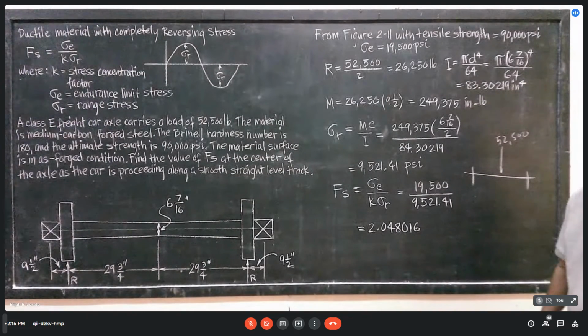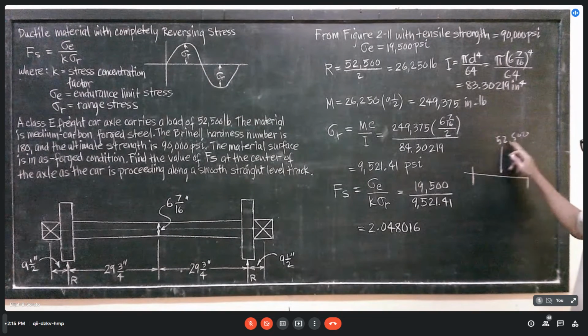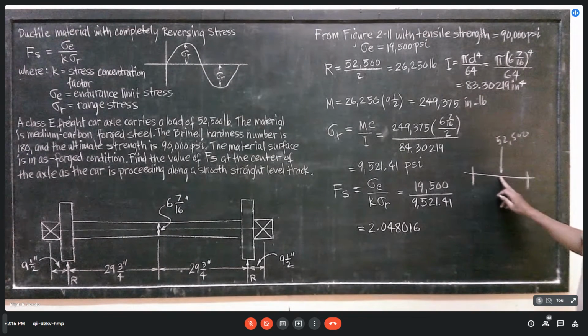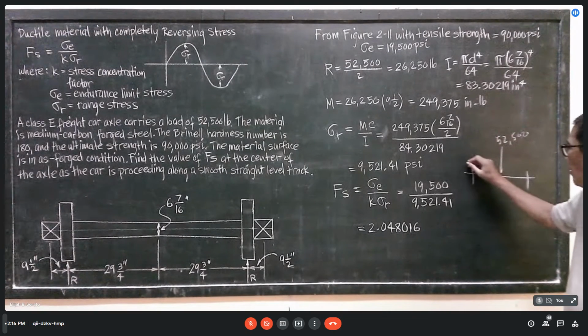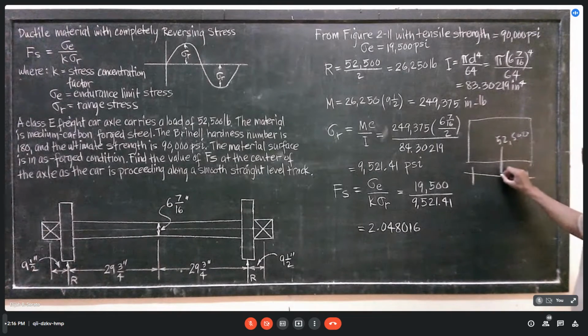Is that correct? So meaning, your 52,500 is acting on the middle of the axle. So probably your car is here, and it has to balance.